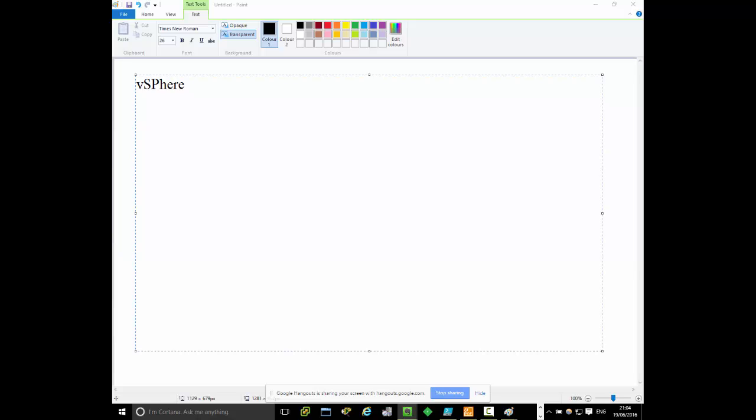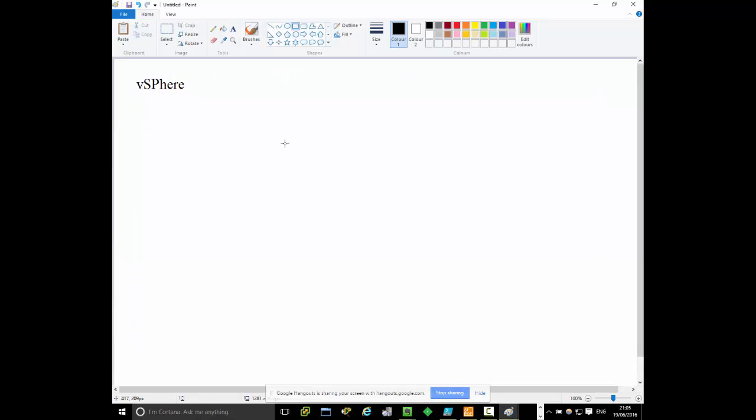One of the first things that we're going to mention, we've already mentioned, is that VMware vSphere is a data center technology. We've mentioned that it is not in isolation. VMware vSphere fits into a whole picture of the data center. In your VMware vSphere, you've got your ESXi host.